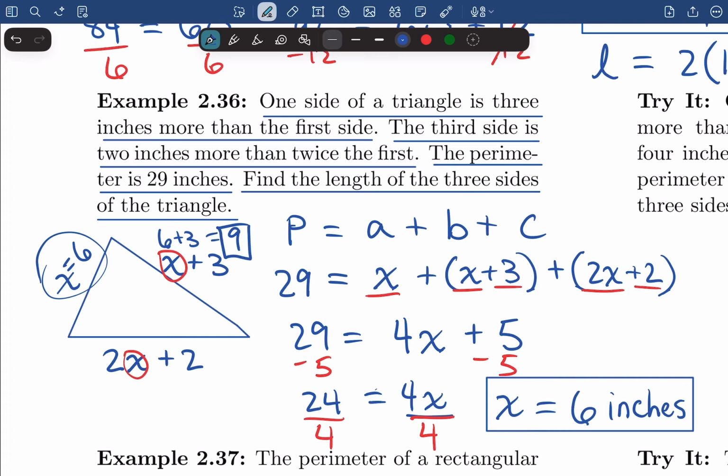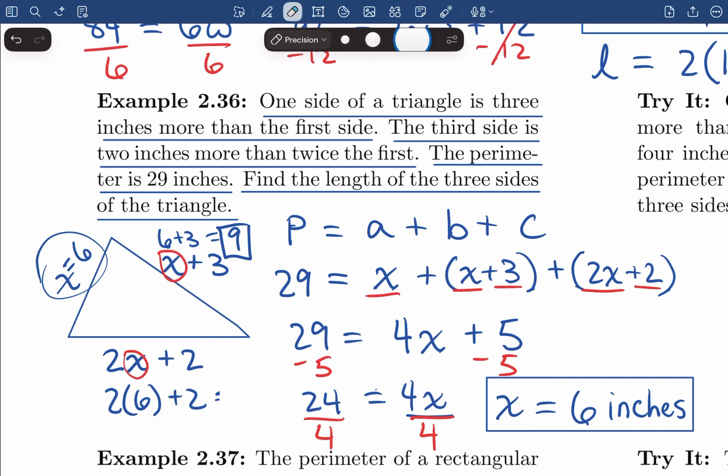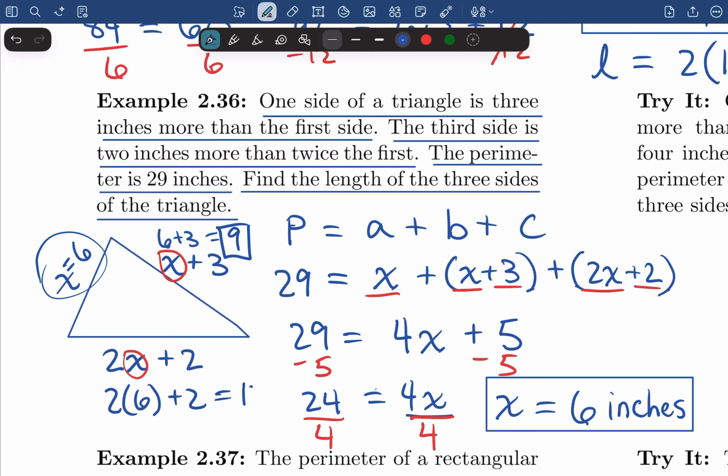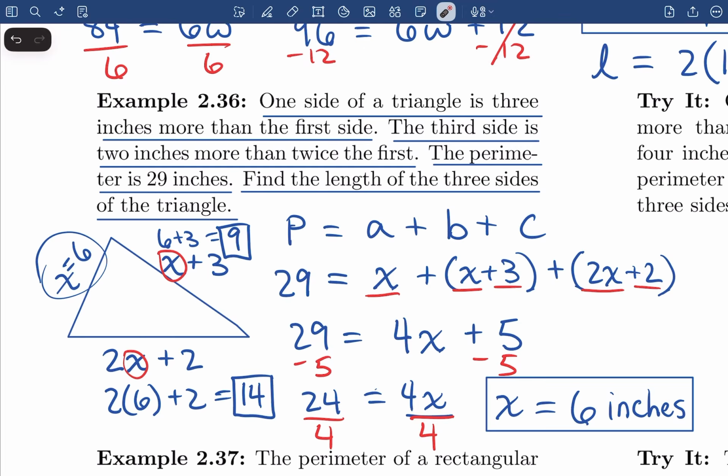And then I would take 2 times 6 plus 2 to get this last side length, which is 14. Great. We have found the 3 side lengths of the triangle. The first side was 6, the second side was 9, the third side was 14.